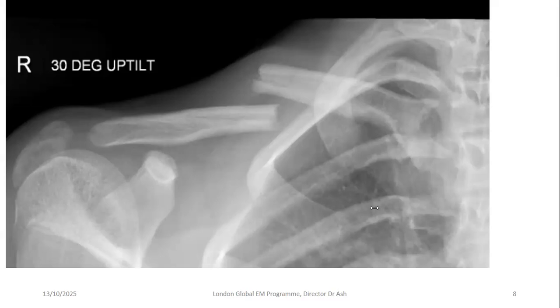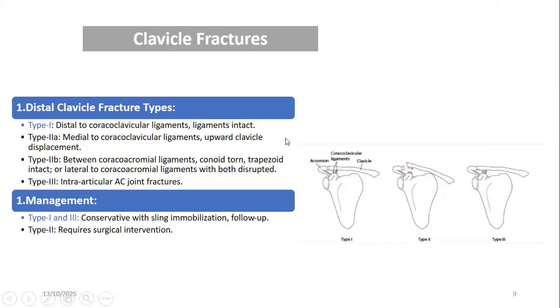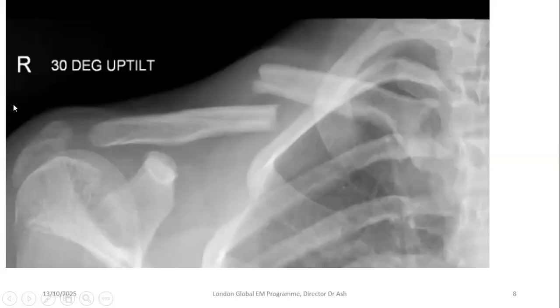That's very important, which type of sling you will apply. If it is a fracture here, what is important? What must you look for in a proximal third fracture?